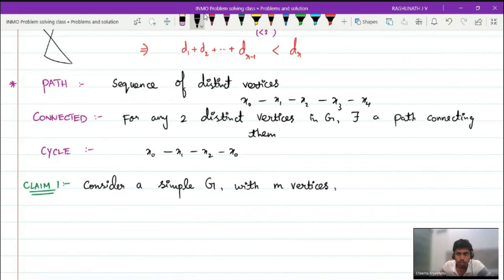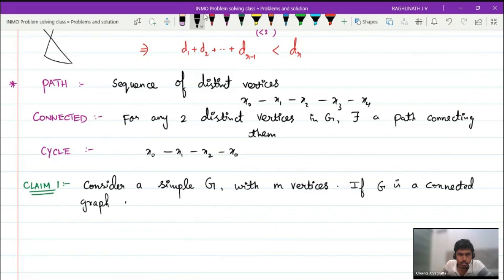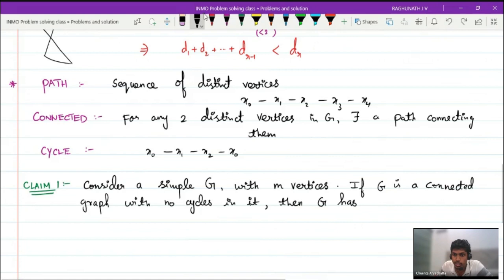If G is a connected graph with no cycles in it, then G has exactly m minus 1 edges. So this is our first claim.